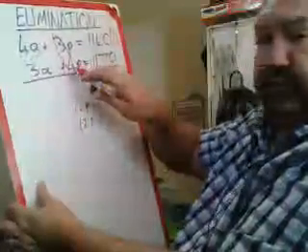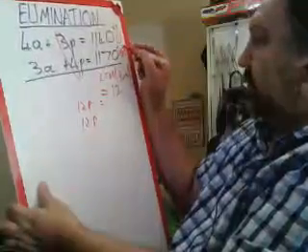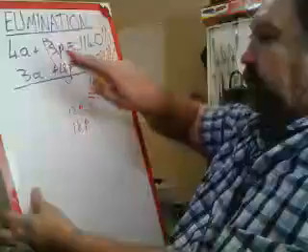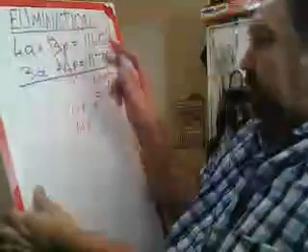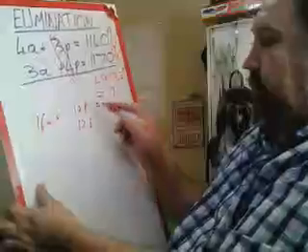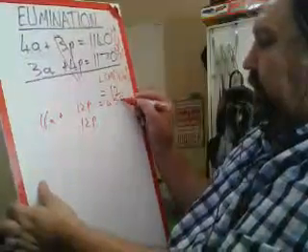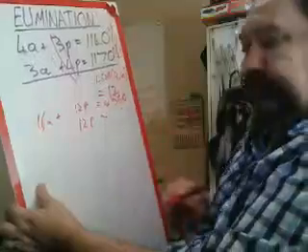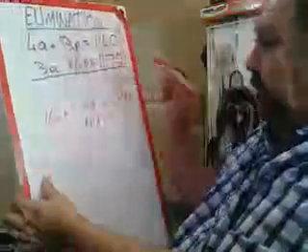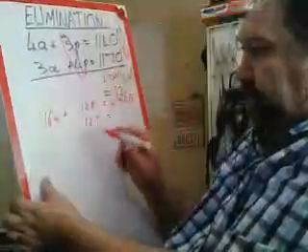And to get 12p in the second equation, we multiply by 3. Okay. So let's multiply everything by 4. That gives you 16a plus 12p equals 4,560.